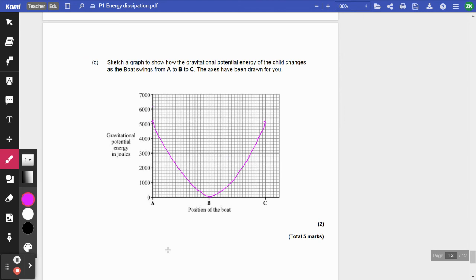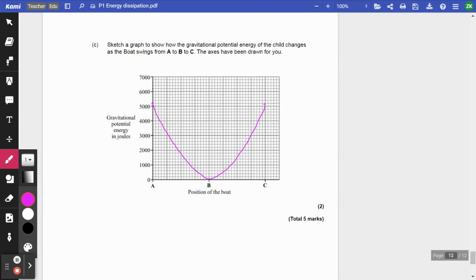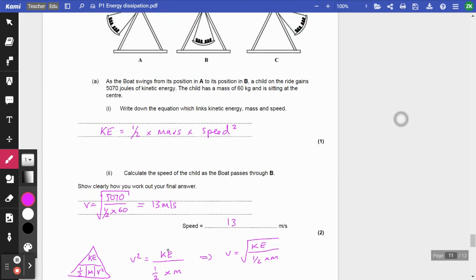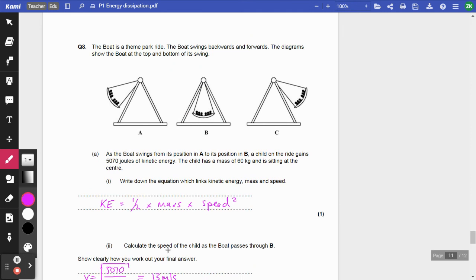Now, part C is to sketch a graph of how gravitational potential energy of the child changes as the boat swings from A, B to C. So what's happening here is, as the boat is moving, they are at this height to begin with. Okay, so you can argue there's the height there, and then the boat is at this height here.